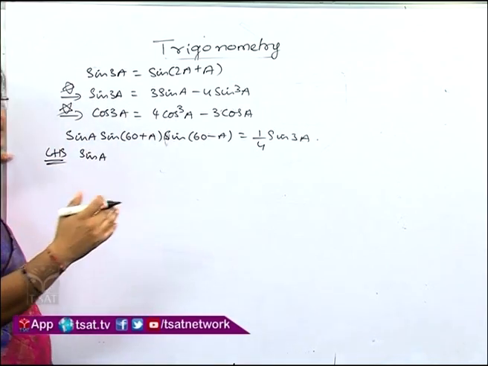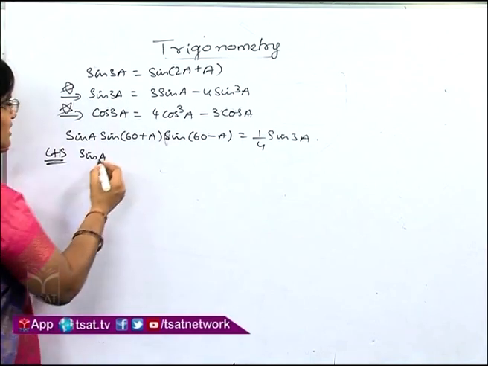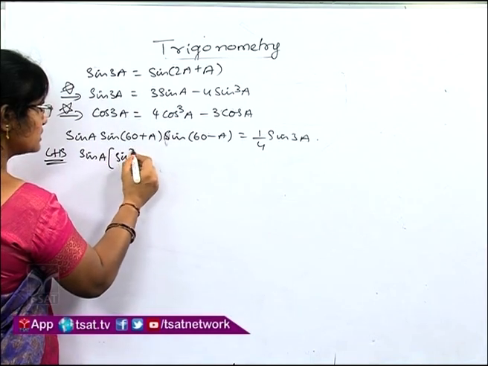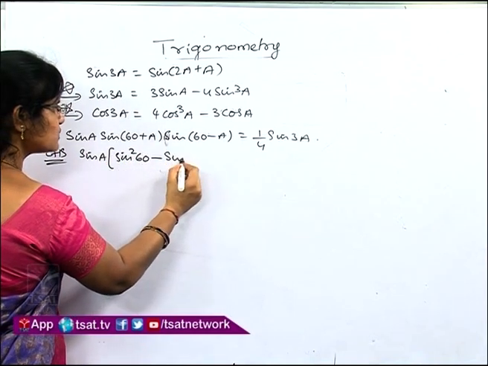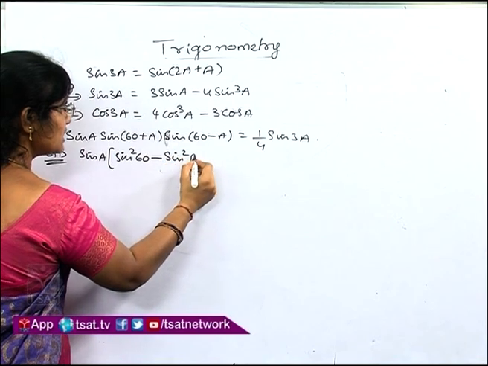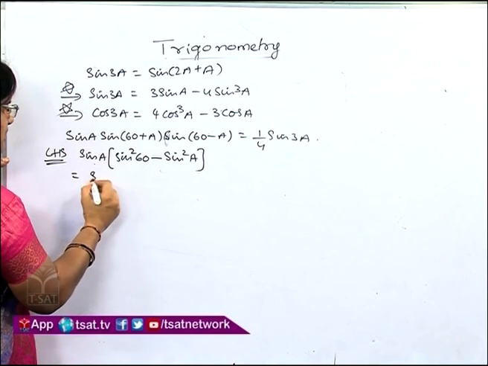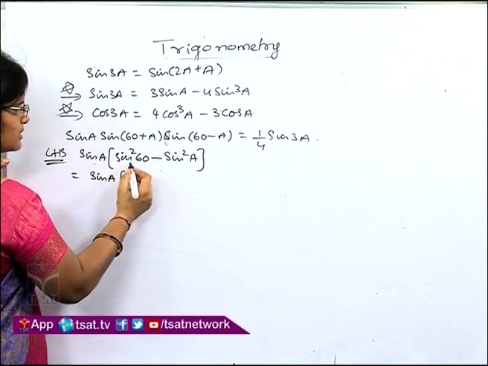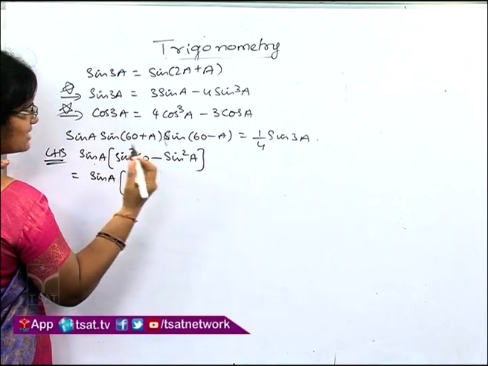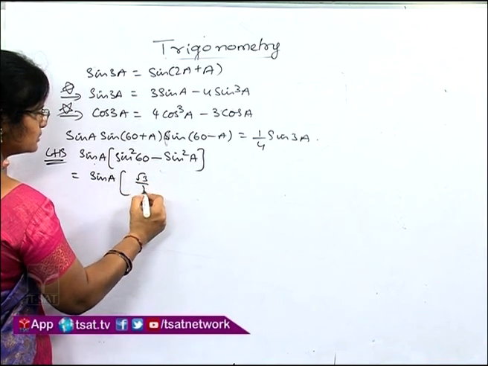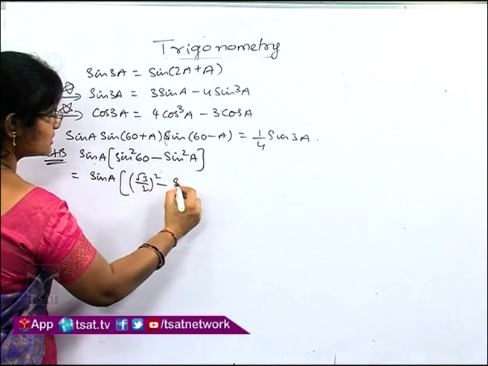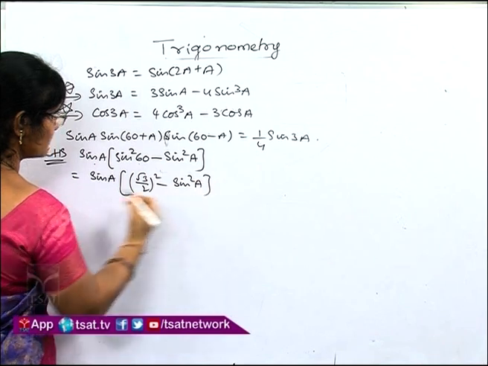We have seen the formula for sin a plus b into sin a minus b, that is sin square a minus sin square b. Sin square b here is a. So, now sin a into sin square 60 is how much children? Sin 60 value is root 3 by 2. So, whole square minus sin square a.